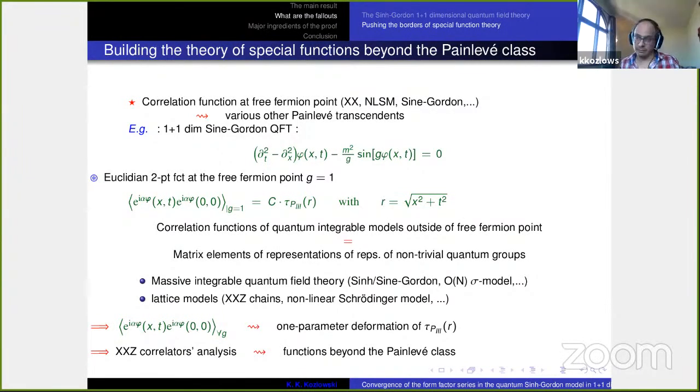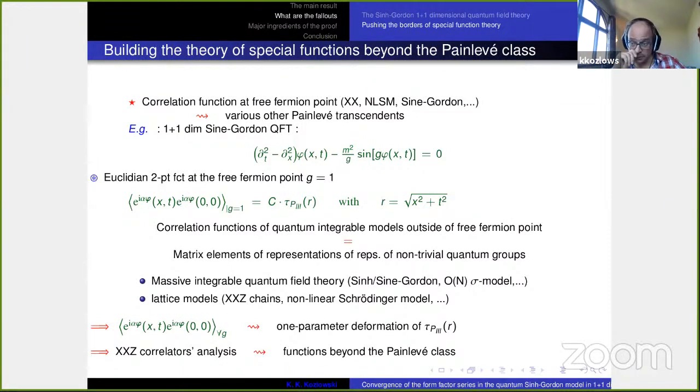And precisely what makes these special functions go beyond the Painlevé class is that you cannot hope anymore to have a differential equation like Painlevé 3 which would describe these correlation functions, at least in a very simple way, because these functions have a really wild dressing of their asymptotics. In the Painlevé case, you have an equation which has some simple parameters in the equation.